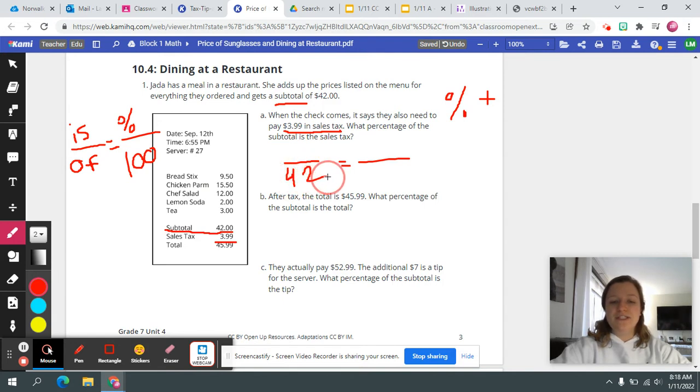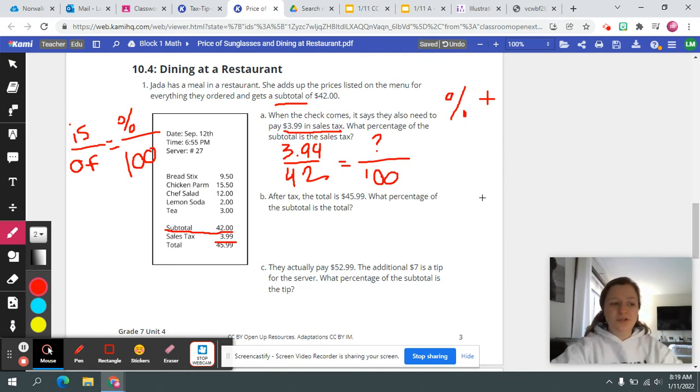And I don't need the 0.00 because that doesn't make a difference. Is the sales tax, so that $3.99 is going to go on top. My 100 goes on the bottom. And my percentage is what I don't know.